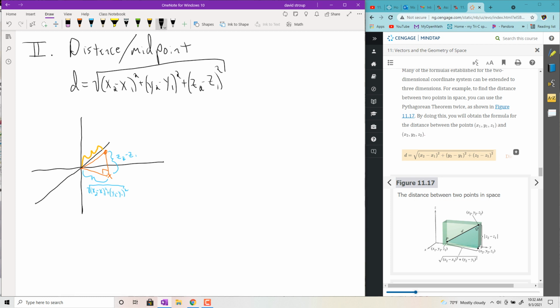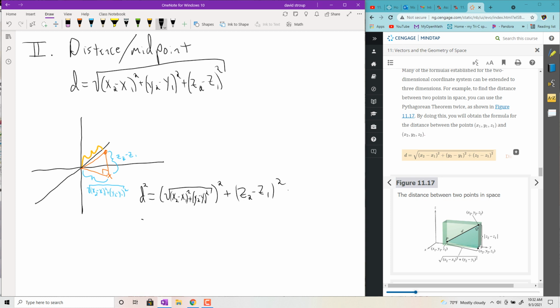It's the bottom leg squared, so x2 minus x1 squared plus y2 minus y1 squared, plus the vertical leg squared, so z2 minus z1 squared, and that would equal your hypotenuse squared. We'll just call that d.